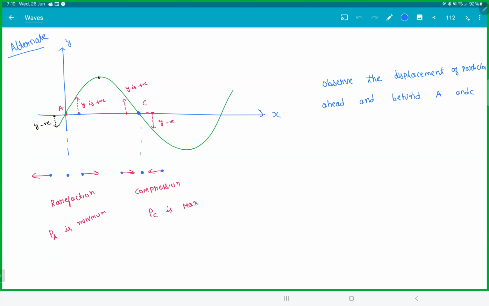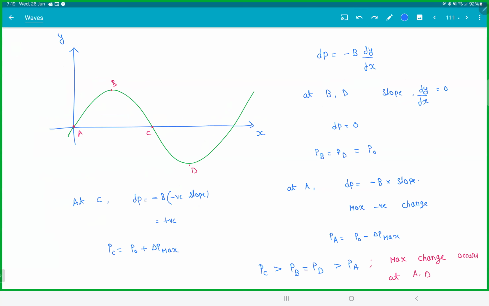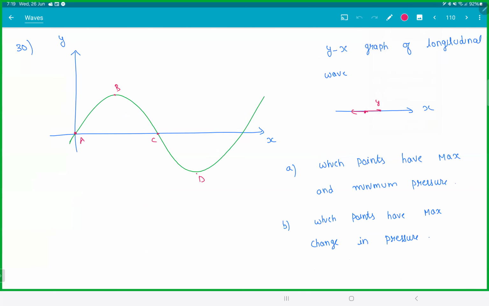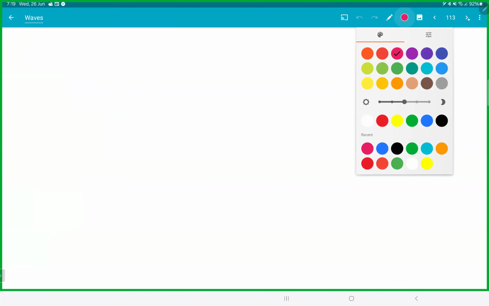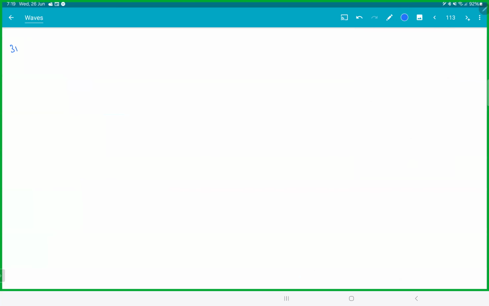Next one. This is a good one. You can put a star for this question. Especially this formula makes it pretty nice. Question 31.